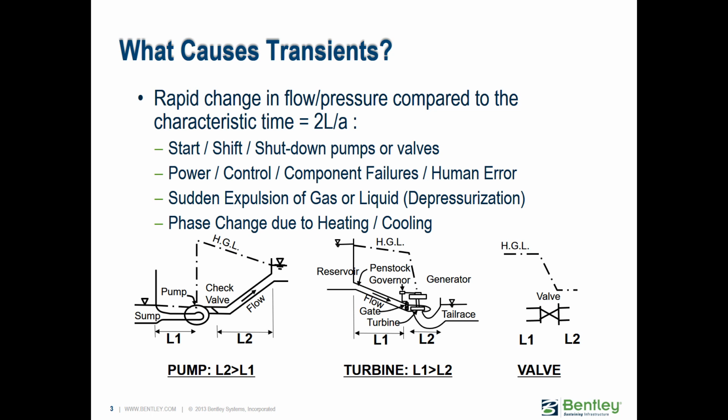And there's some examples given at the bottom. The first one here is basically a pump, and you have a certain length of pipe. And what this is showing is that the downstream pipe length is greater than the upstream, and you have a certain hydraulic profile here. Your hydraulic grade may look like this, and when that pump shuts down, you have a transition to a new steady state, which might be basically the hydraulic grade being flat.